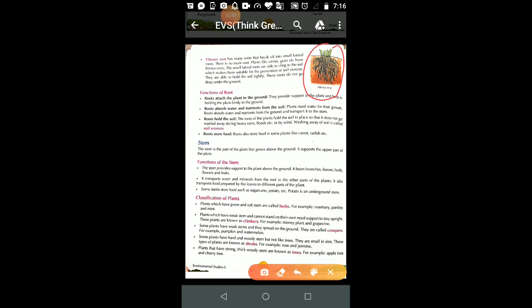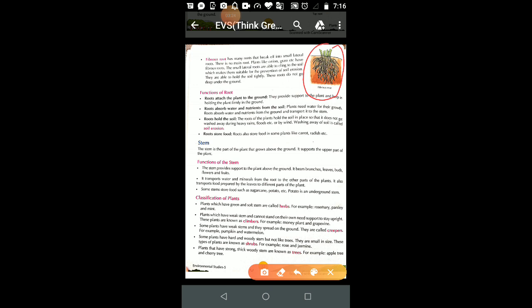Roots absorb water and minerals, or you can say nutrients, from the soil. Roots hold the soil, and some roots also store extra food. Is it clear? Like carrot, radish, beetroot, turnip, etc.